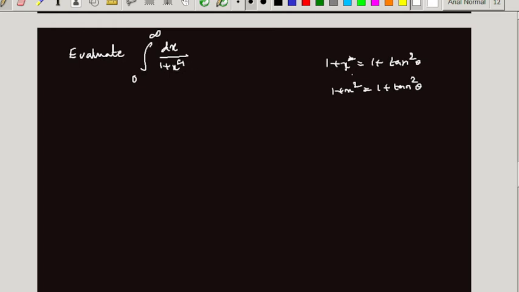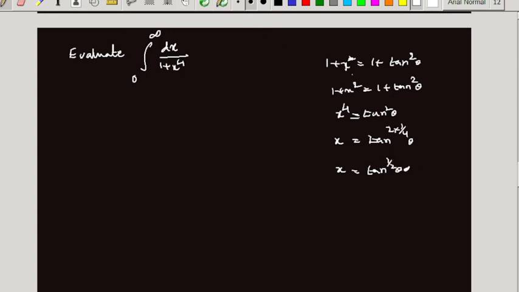So here this x power 4 we must write it as tan square theta. So here this one we take the 1/4 of the power, we get tan square into 1/4 theta. We can write it as tan power 1/2 theta.